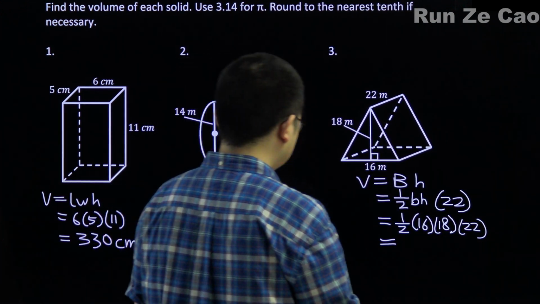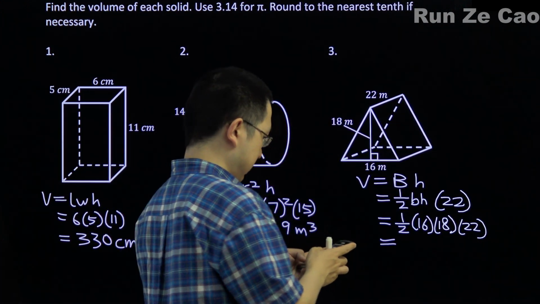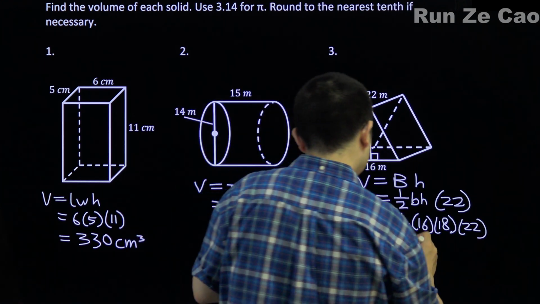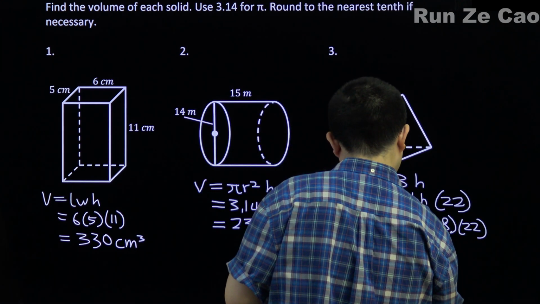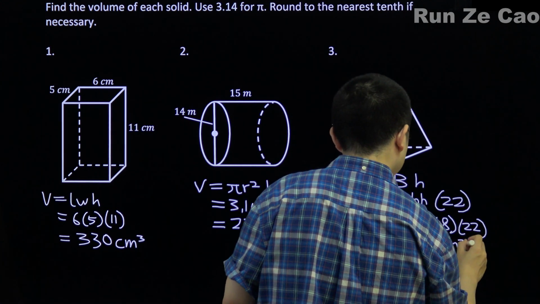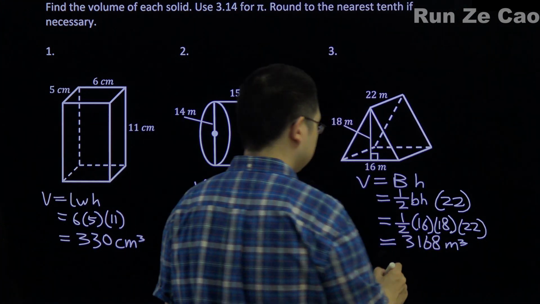Okay, so we're looking at 16 times 9, which is 144, times 22. 3168. And it's meters cubed.